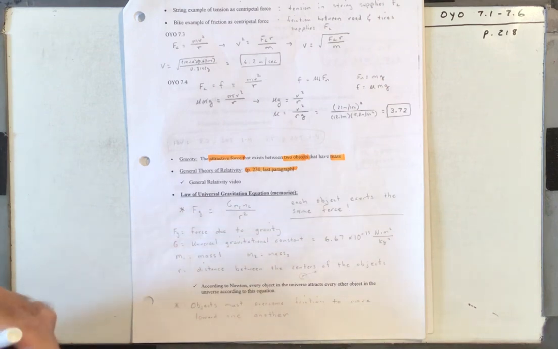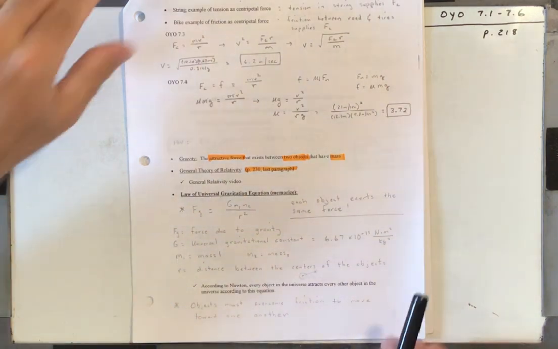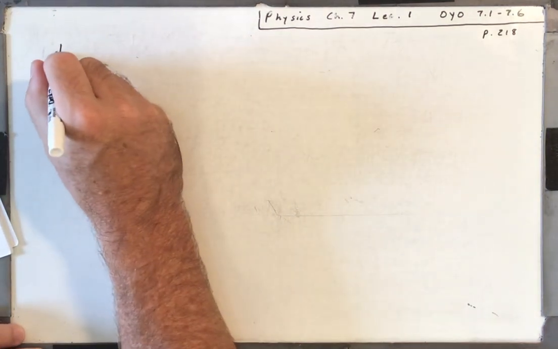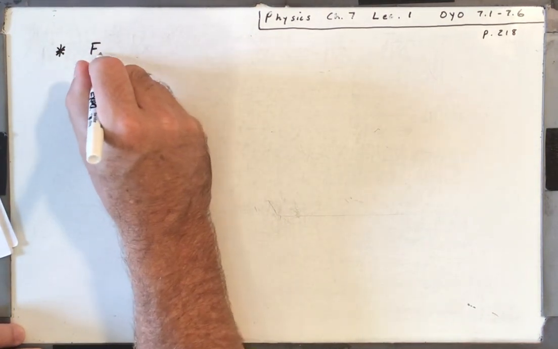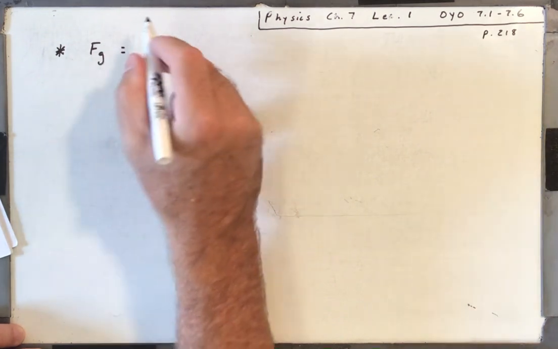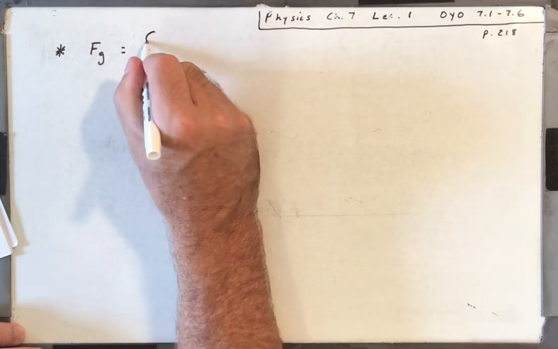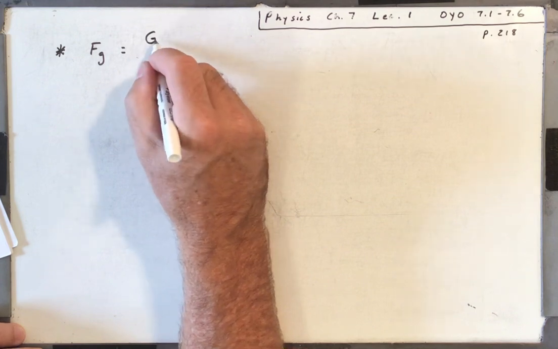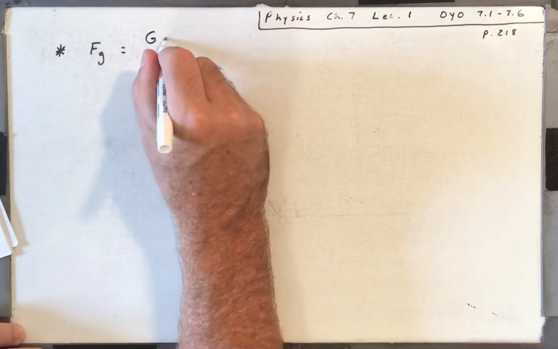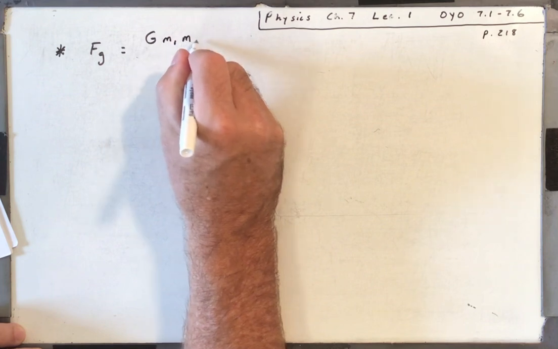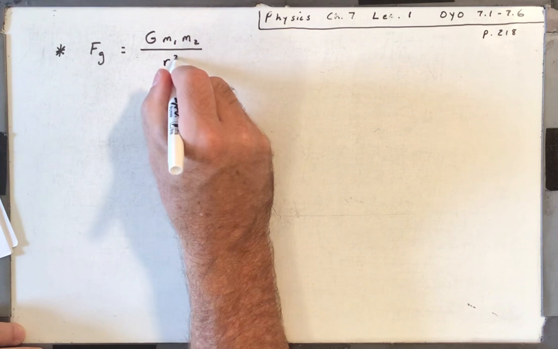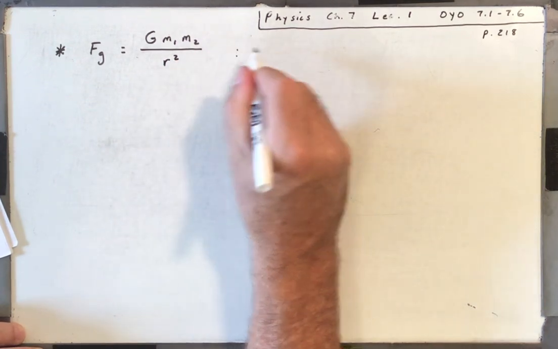So the law of universal gravitation equation. So this is another equation you're going to have to memorize. So write this in that space. That's F sub g is equal to big G, that's the universal gravitation constant, I'll give you that in a minute, times m1, m2, over r squared. Now this part is important.